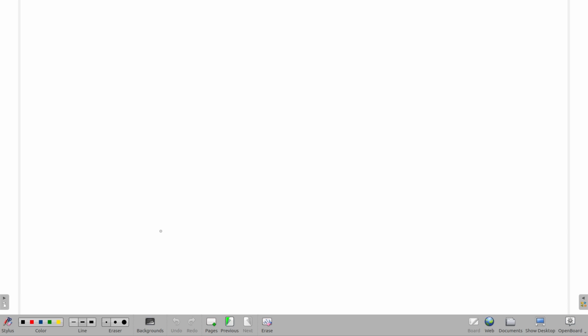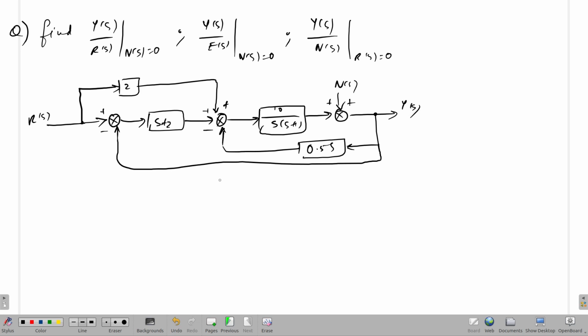So the question is, find Y(s) by R(s) when N(s) equals 0, Y(s) by N(s) when R(s) equals 0, and Y(s) by E(s), where E(s) is taken when N(s) equals 0. The first and the last ones you can do because you have seen how to do multi-input multi-output systems. This is the one that is a little bit tricky.